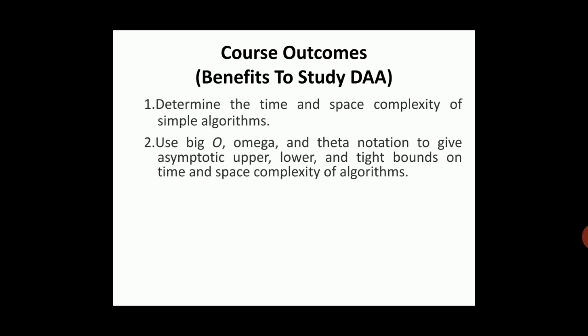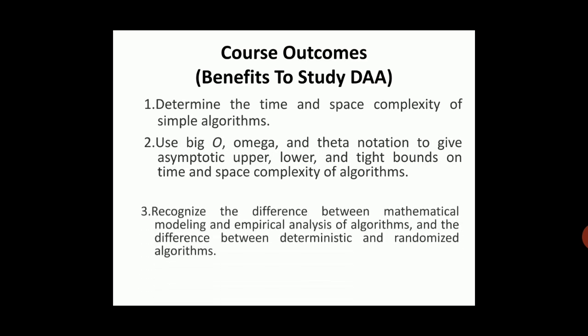Here we discuss just the theoretical points. We recognize the difference between mathematical and empirical analysis of algorithms, that is, between mathematical modeling and empirical analysis of an algorithm, and the difference between deterministic and randomized algorithms. Both randomized and deterministic algorithms are discussed at the end of this course.